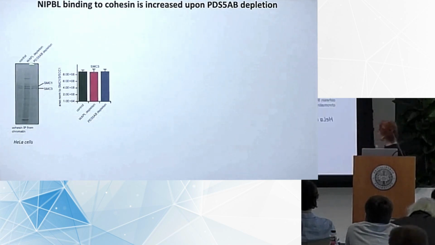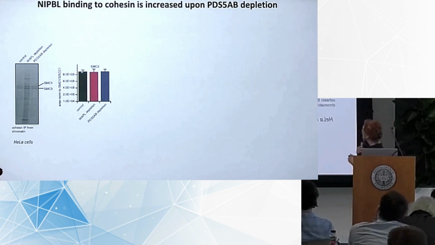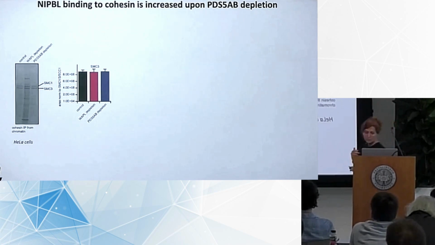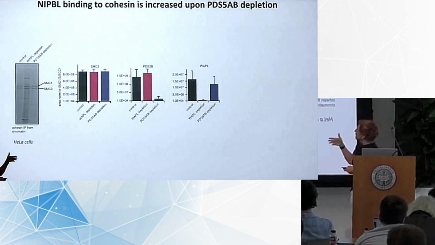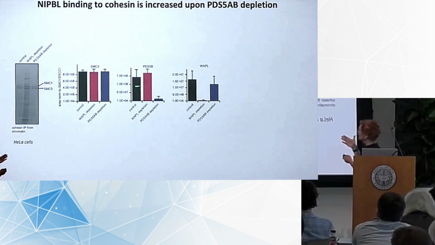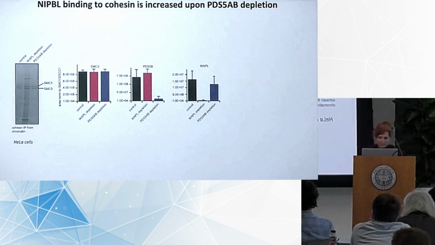Here you see the isolation of immunoprecipitated complexes. The resulting peptides we normalized to the levels of the SMC1, SMC3, and SCC1 core cohesin subunits. That's why you see the levels of SMC3 peptides the same. However, of course, upon PDS5 depletion, we can see that the levels of PDS5B go significantly down, and in the case of WAPL depletion, the WAPL signal goes down.